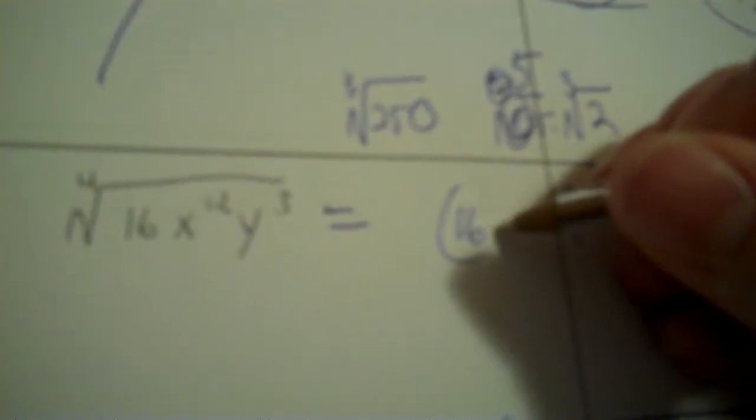Next one. I don't see any plus. I have the 4th root of 16x to the 12th, y to the 3rd. No plus, no minus. Simplify it this way. Now, if there's a radical, if you're using this, you want to remove the radical by making a quantity to the 1/4 power. So we're going to have 16 x to the 12th, y to the 3rd.